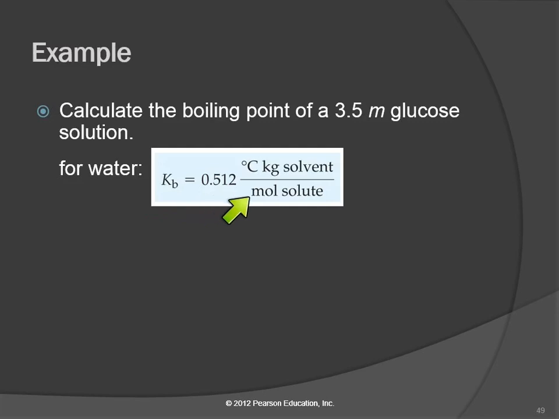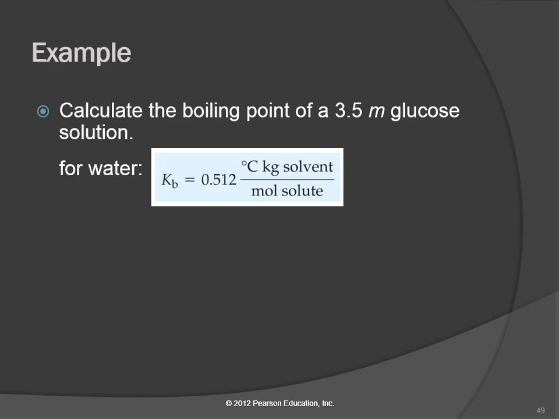You don't have to memorize that. We could calculate the boiling point of a 3.5 molal glucose solution. If you've ever made candy, you use a candy thermometer and you measure the temperature of the solution, it will get higher than the boiling point of water. It'll get above 100 degrees Celsius because the sugar raises the boiling point of the water.